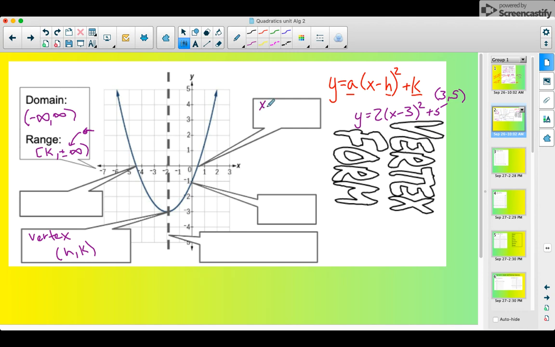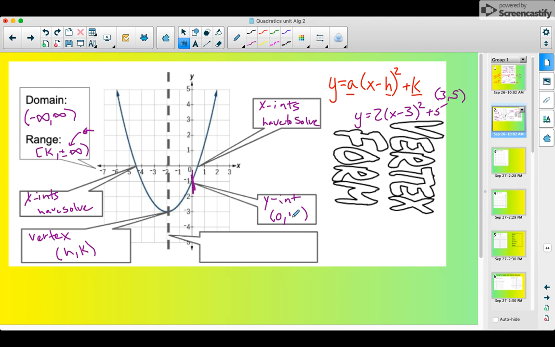X-intercepts are always going to be a little difficult to find here. Not impossible, and they won't always be nice numbers. So you'll have to solve to find them. Now the y-intercept, just like we're used to, is always on the y-axis, which means that the x value is 0.